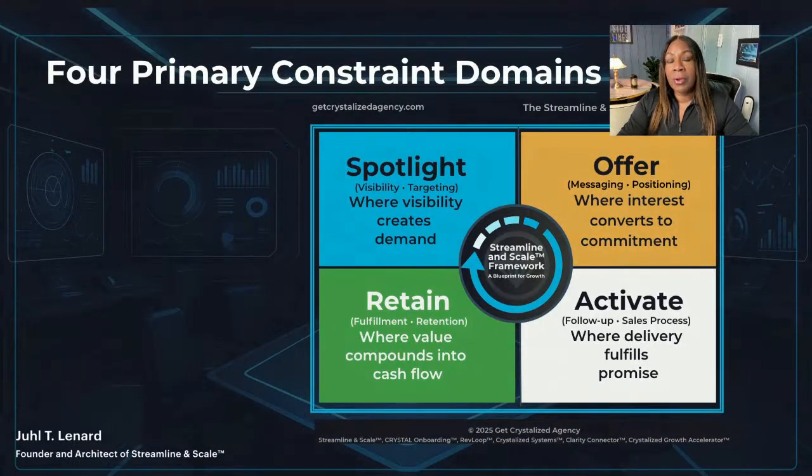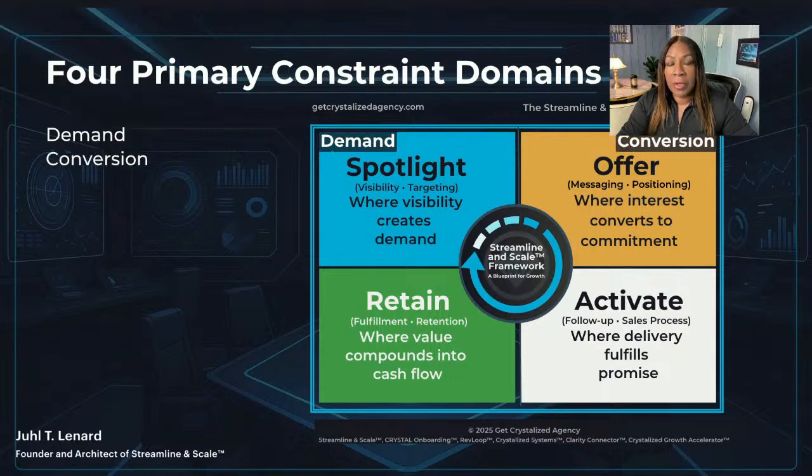The 4 primary constraint domains are aligned with the revenue system in the sense of where to go and look for the constraints within the system. So demand domain constraints are identified and managed in Spotlight.